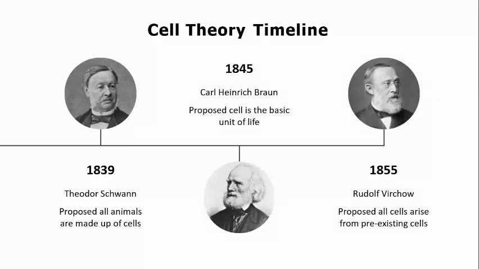In 1845, Karl Heinrich Braun revised the cell theory with the interpretation that cells are the basic unit of life. In 1855, Rudolf Virchow proposed all cells arise from pre-existing cells.